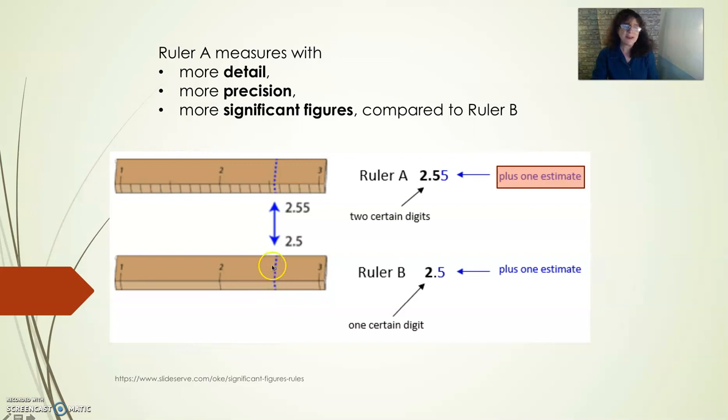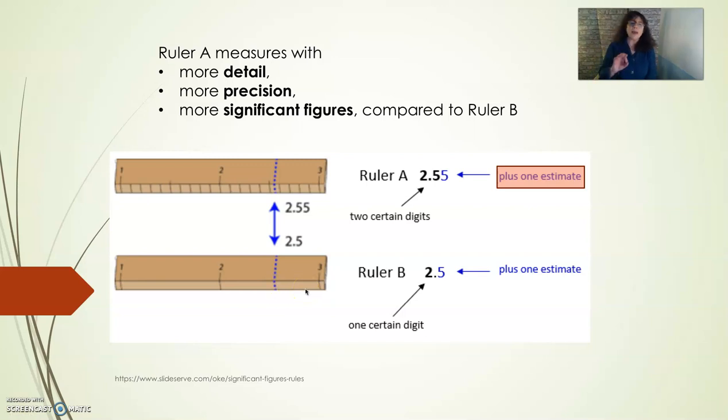And I'm going to have to estimate it right about halfway. I don't really think it's a 0.6. I think it's more like a 0.5. That's my last best measurement with this piece of equipment that has less detail.